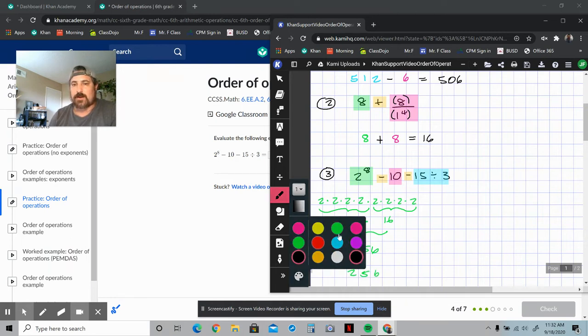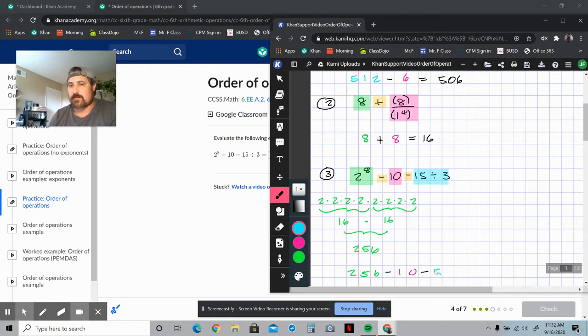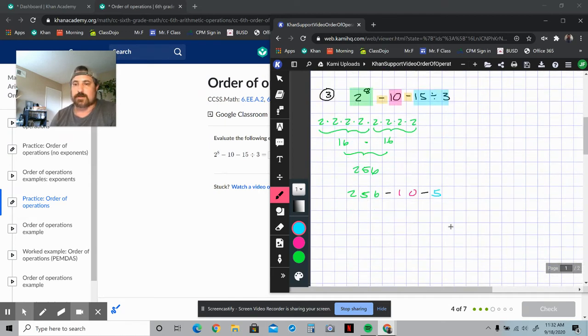You're going to be subtracting the pink value. The pink value is obvious, it's 10. So that's going to be taking away 10. And then you're going to be subtracting this blue value, whatever the blue value is. Now, 15 divided by 3 is a value of 5. So really what you're talking about here is 256, take away 10, take away 5. And if we scroll down here, we're going to change our subtraction into addition. And as we rewrite this, we're going to see that that's the same thing as saying 256 plus negative 10 plus negative 5, right?